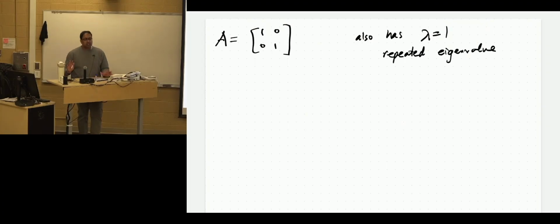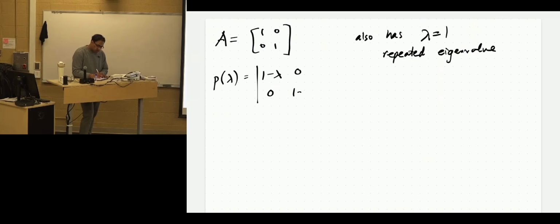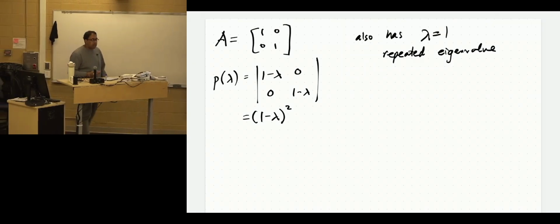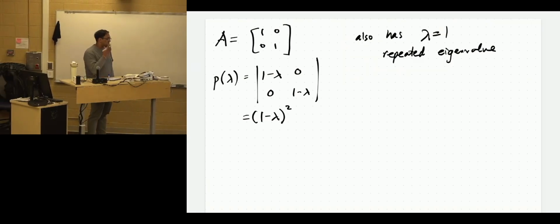Remember, the surefire way to determine what the eigenvalues are if you can't tell by looking at it is to just find the characteristic polynomial, which is the determinant here of 1 minus lambda, 0, 0, and 1 minus lambda, which is 1 minus lambda squared. Right? There are some tricks you will develop for quickly spotting eigenvalues, and these are discussed in the notes.